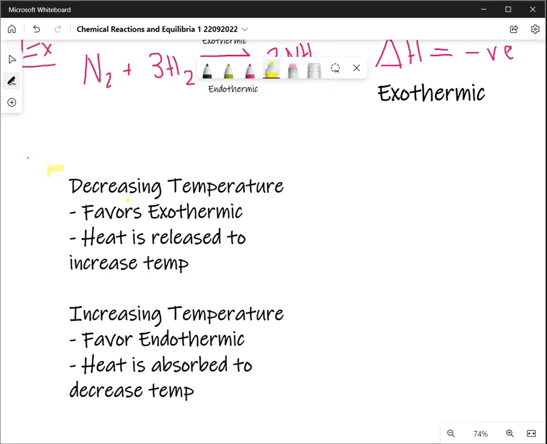This one, decreasing. Now this is the first one, and this is the second one. That is all you have in your syllabus. Now, have you written this down? One, and the second one.